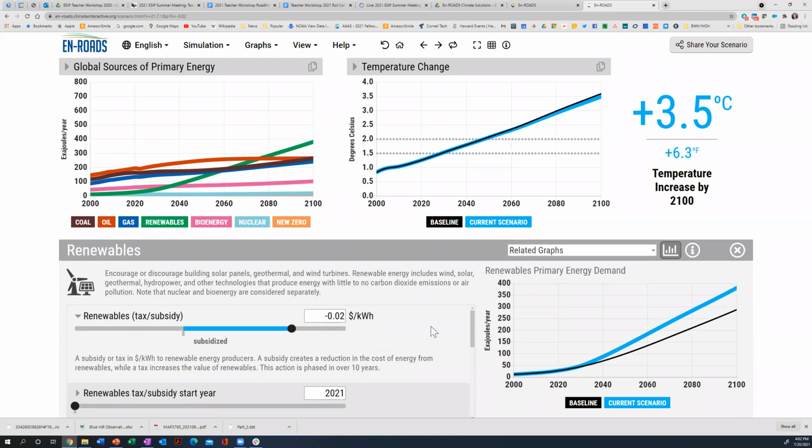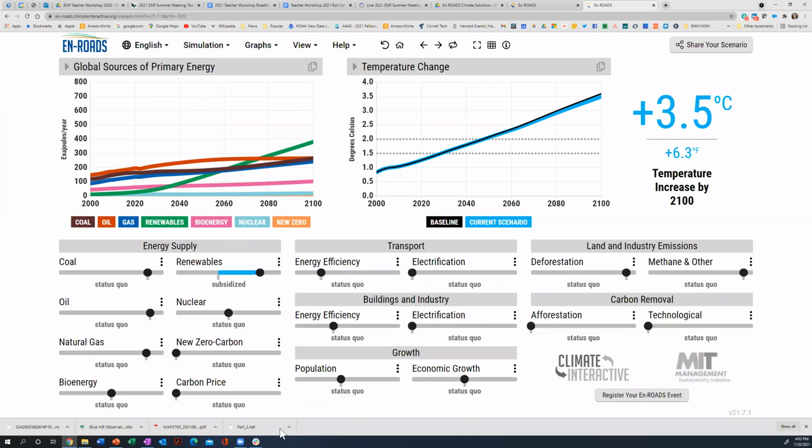Is there a way, because I see one of the significant strategies, if you get rid of that renewables tab, was to increase your carbon price. But is there a way to offer any kind of subsidy for electric usage or for renewable usage by the population?